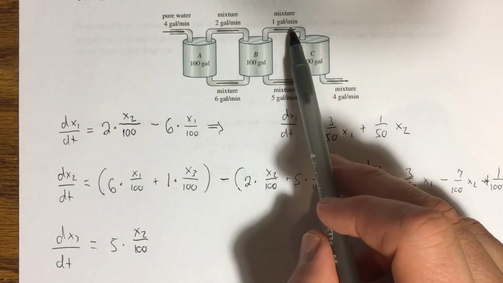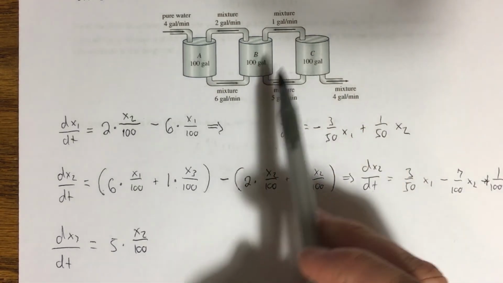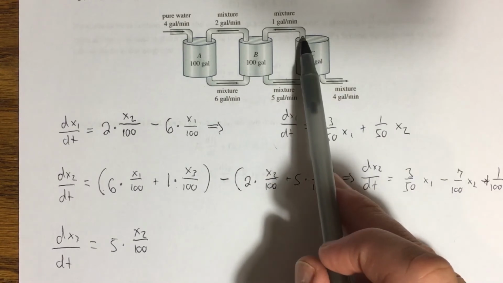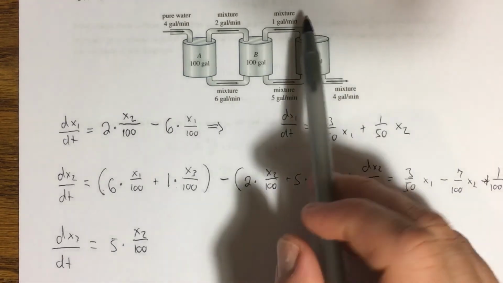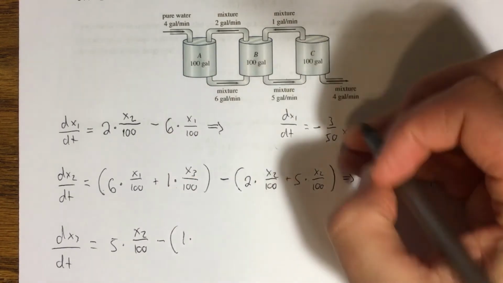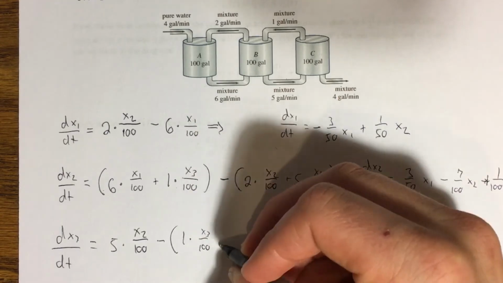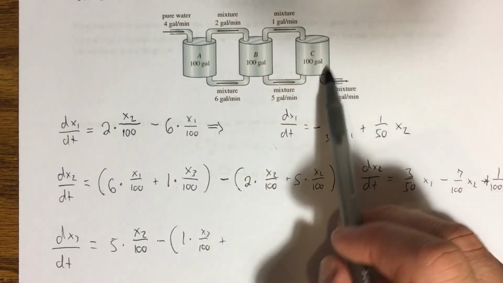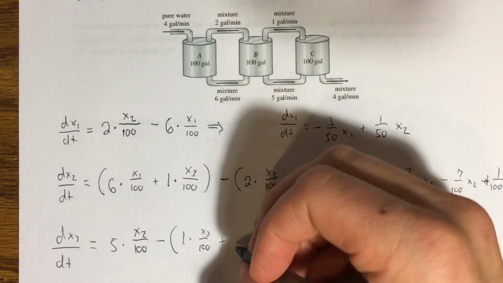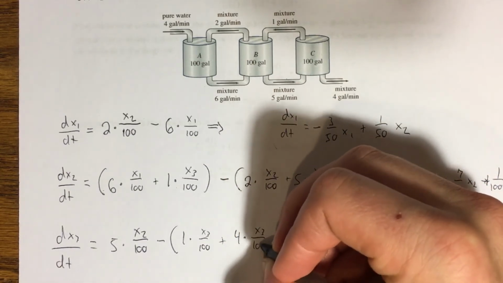Outflow is split across these two parts right here. Salt is leaving the tank here at a rate of 1 gallon per minute times the concentration of salt there, which is x3 over 100. Here, it's leaving the tank at a rate of 4 gallons per minute times that same concentration, x3 over 100.